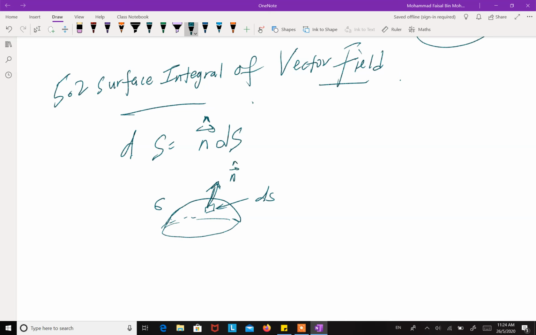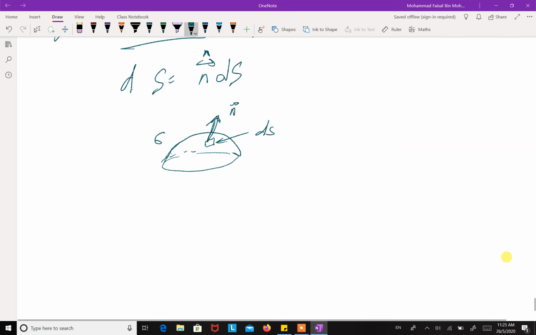Okay, n. So let's say we have a force that is pushing the surface area, that is F equals Pi plus Qj plus Rk.